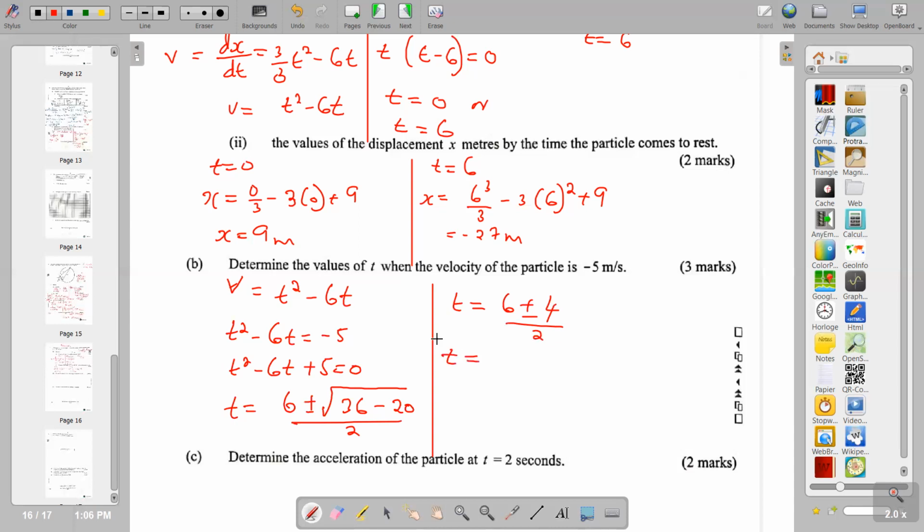We're going to have two values. t is equal to 10 over 2, that is 5 seconds. Or t is equal to 6 minus 4 over 2, that is 1 second. So you have t is equal to 5 or t is equal to 1 second.